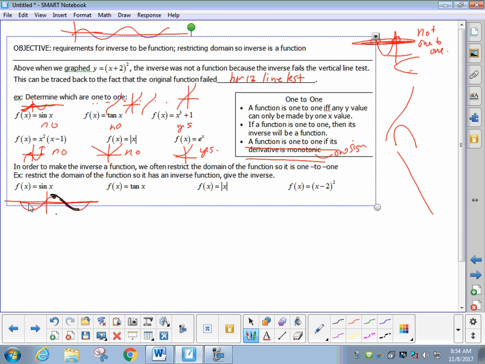And another person might say, I'm going to do this piece from negative pi over 2 to pi over 2. In terms of ease, it's probably best to keep as close as you can to the origin and make it as continuous as possible. So, for example, you might restrict sine to only negative pi over 2 to pi over 2, so that it's close to the origin, that it gets all its negative and positive values, and yet it doesn't fail the vertical line test.